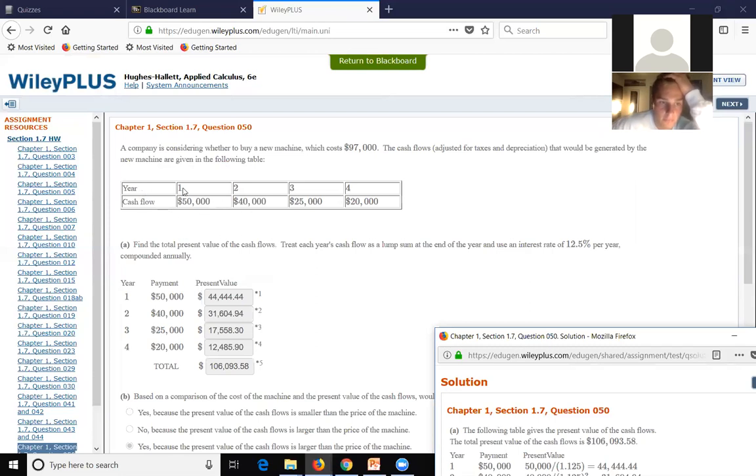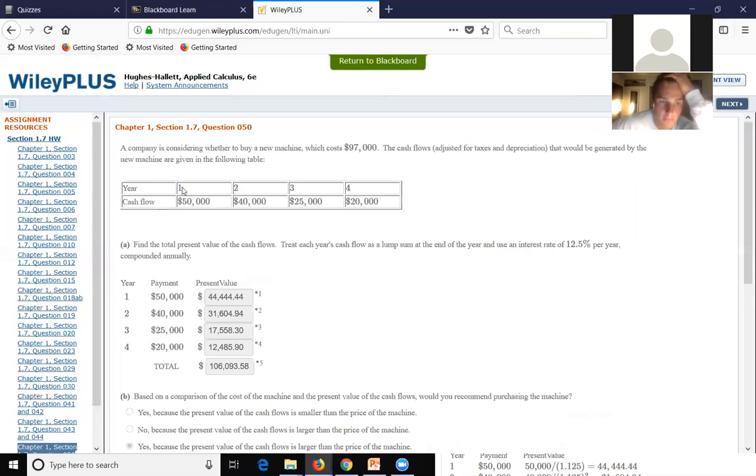So after 1 year, it's 50K, 2 years, 40K, 3 years and 4 years and so on. Now, find the total present value of the cash flows, taking each year's cash flow as a lump sum at the end of the year, and use an interest rate of 12.5% per year, compounded annually.